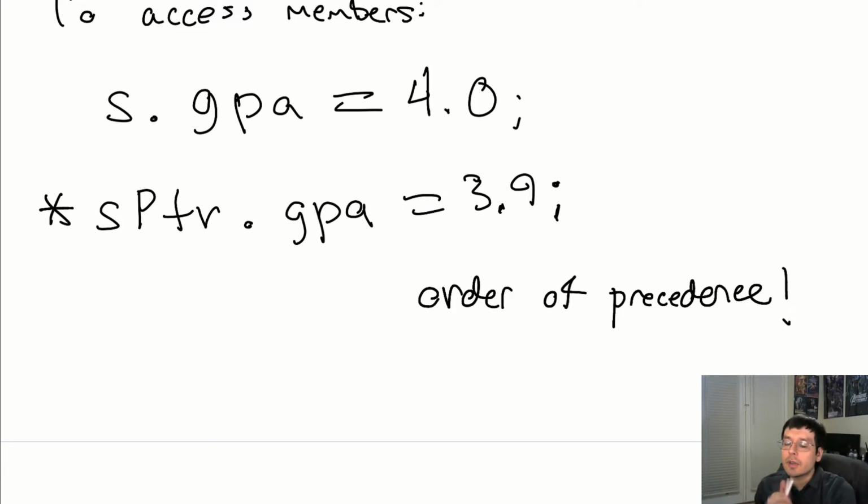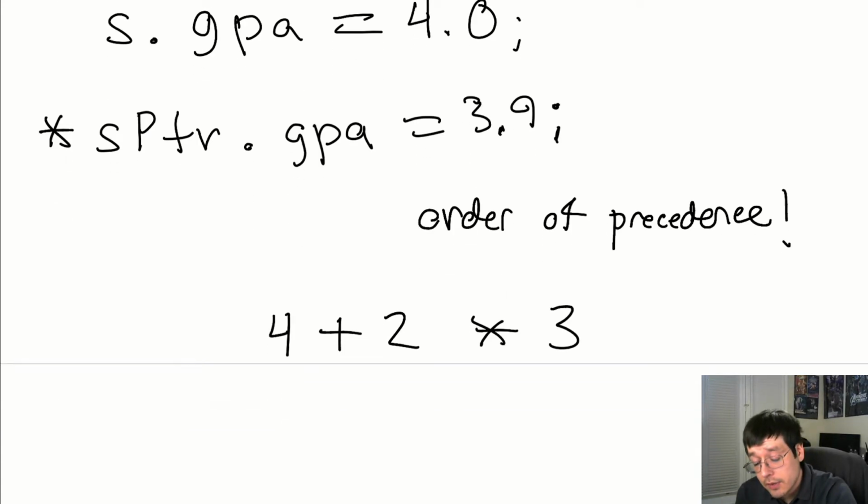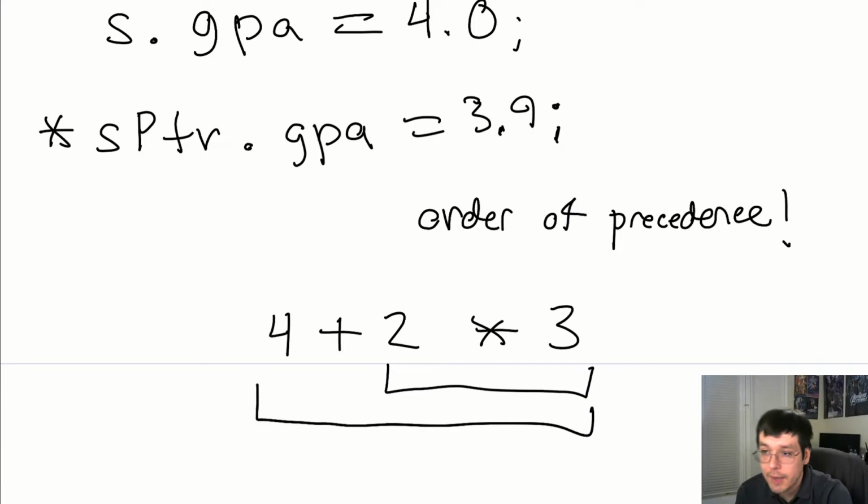Think back to the good times, when you were in elementary school, maybe middle school, I don't know. You were learning about order of precedence between different operators in math class, right? We all know that if I say something like 4 plus 2 times 3, in this scenario the multiplication has to happen before the addition, right?